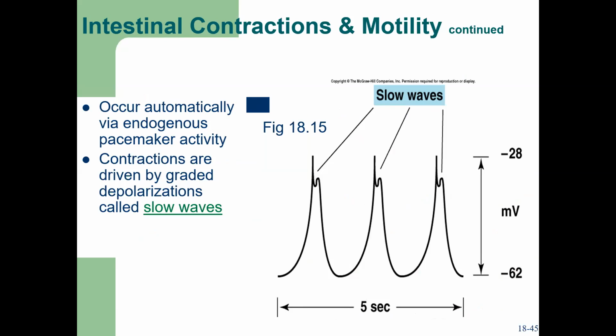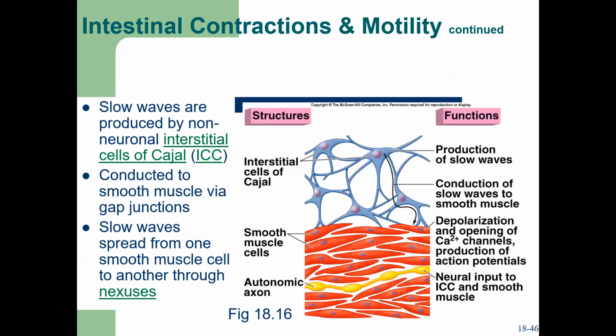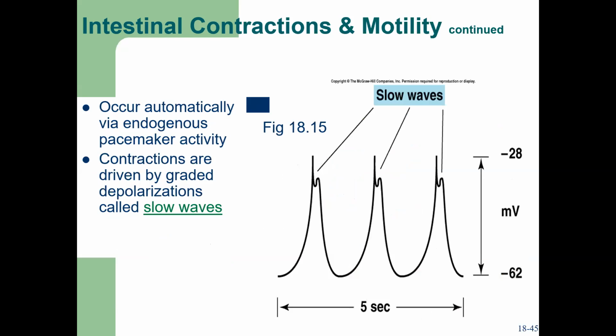The cells of the myenteric plexus have certain interstitial cells that act like pacemakers. These are called interstitial cells of Cajal, or ICC. These cells can generate rhythmic depolarizations and repolarizations of the cell membrane.